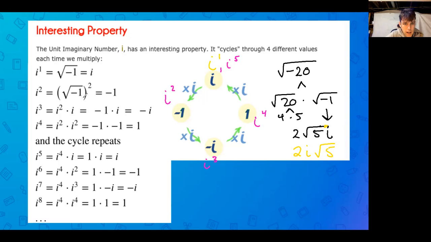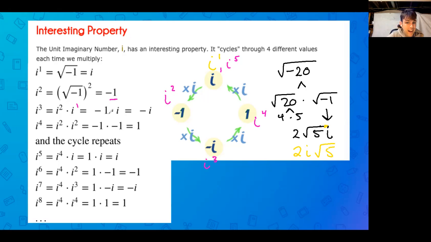We can take a look at what's going on here. We've already talked about i squared, how we're just squaring the square root of -1, thus we end up with just -1. If we know i squared is -1, we can use some exponent rules to help us figure out some of these higher powers. So i to the third can be written as i squared times i to the first, right? 2 plus 1 is 3, so that's equivalent.